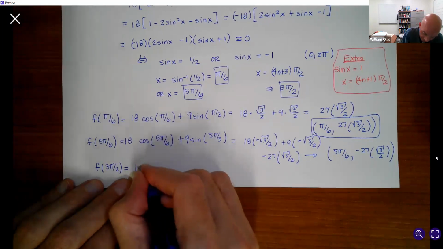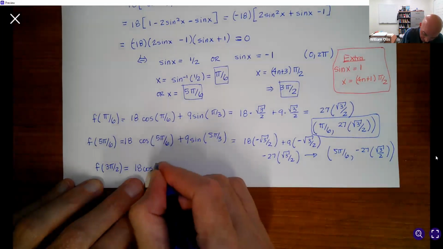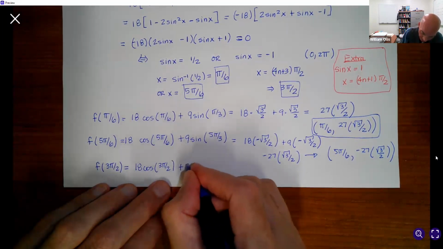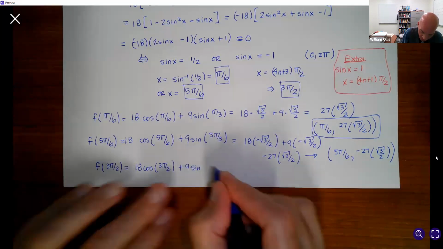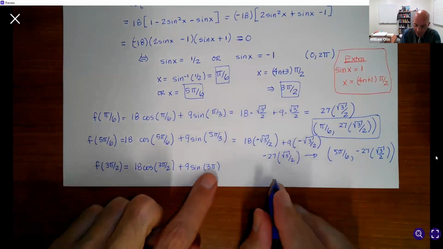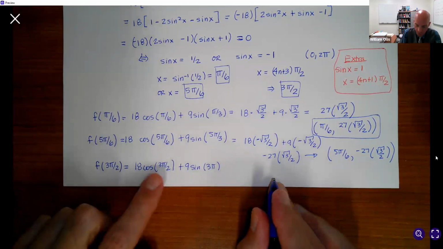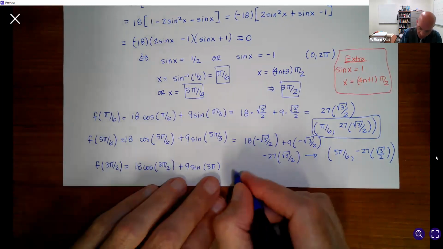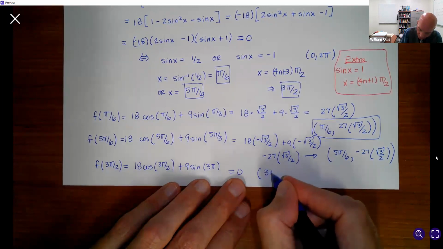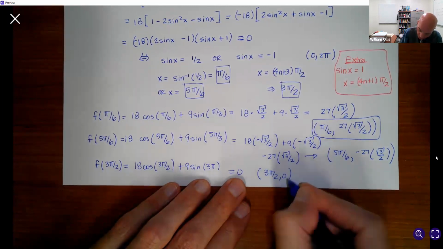So we have 8 times cosine of 3 pi over 2 plus 9 sine. Of course, the 2 will absorb. We have 3 pi. Well, we love pi's for sine because that's 0. We love 3 pi over 2 for cosine, so that's 0. So that's just 0. So this gives us 3 pi over 2 comma 0.